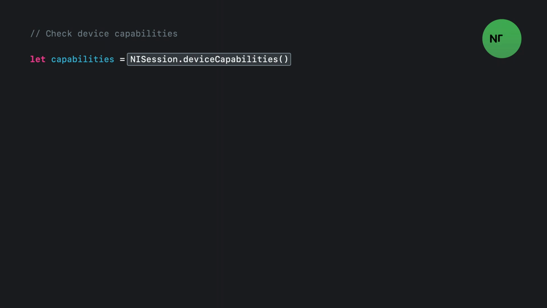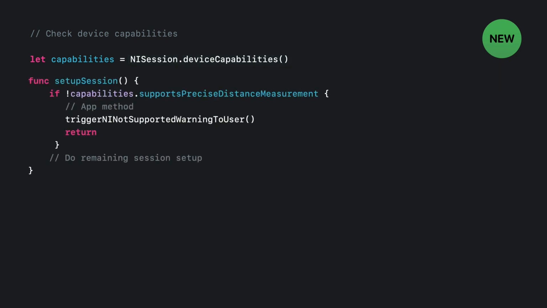With the addition of camera assistance, we've made the device capabilities supported by nearby interaction more descriptive with a new deviceCapabilities class member on the NISession that returns a new NIDeviceCapability object. At a minimum, checking the supportsPreciseDistanceMeasurement property is the equivalent of the now deprecated isSupported class variable.